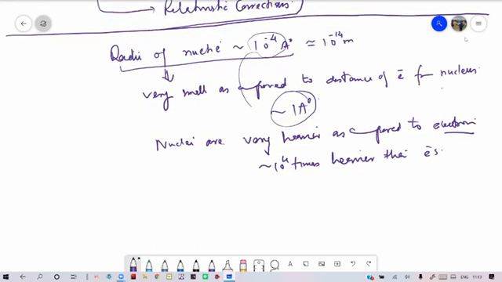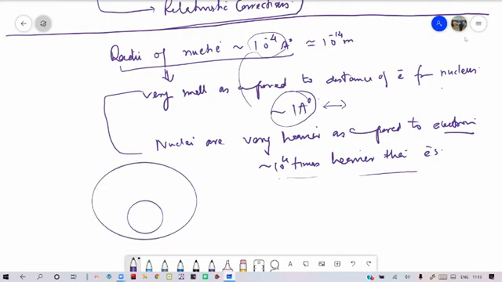So using these two concepts, this distance is very large as compared to the radii of the nucleus, and the mass of the nucleus is very large as compared to the mass of the electrons. There is a finite distance, approximately 1 angstrom, and this is 10 raised to the power minus 4 angstrom.